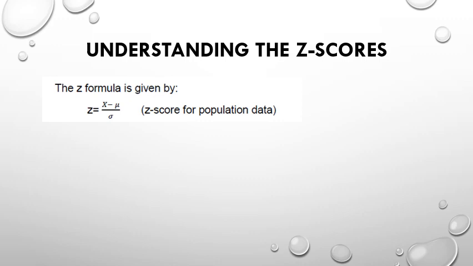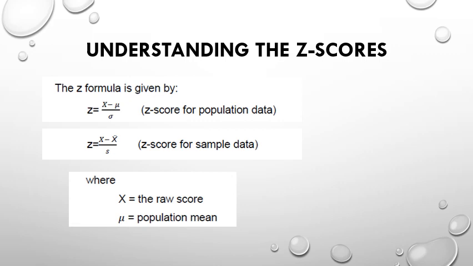But if mokuha lang ta og napulo ka estudyante gikan sa isa ka section, ang atong gamiton kining formula sa sample data. And then unsa ning mga symbols nga naa diri sa atong formula. So, the X is the raw score. And you have there the population mean. So, mao ning symbol nga gigamit sa population mean for the formula of the population data.